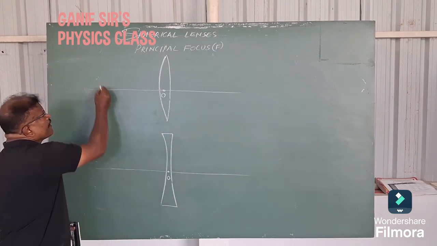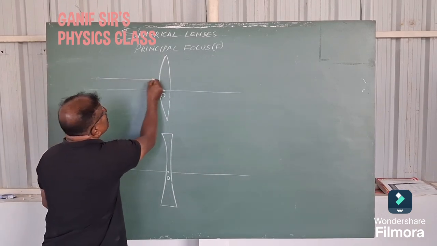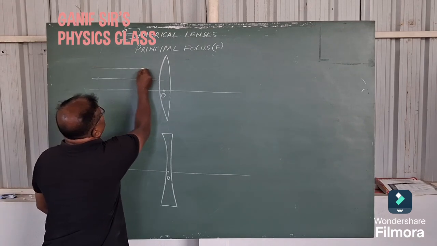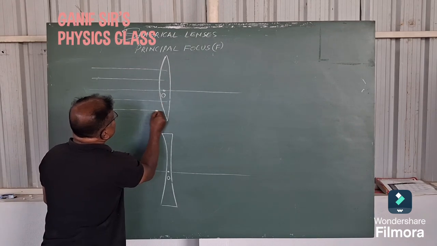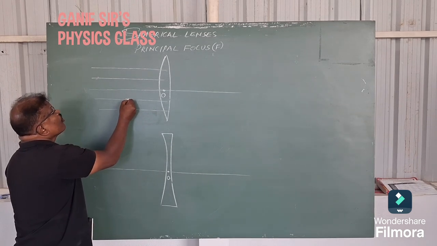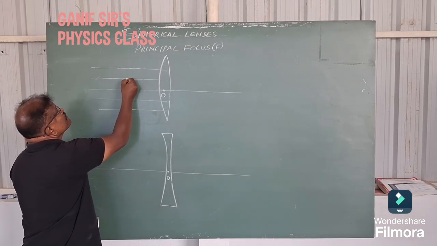When a narrow parallel beam of light gets incident on a convex lens, let's see what happens.